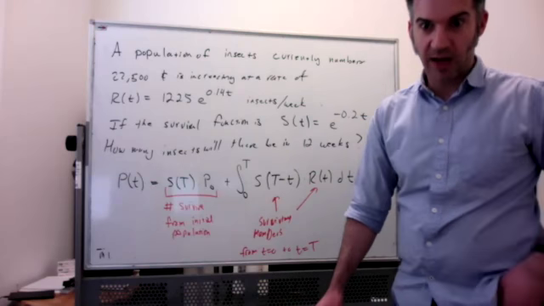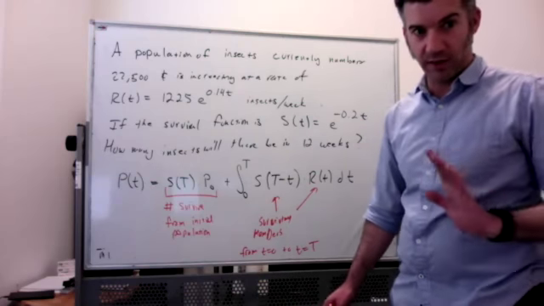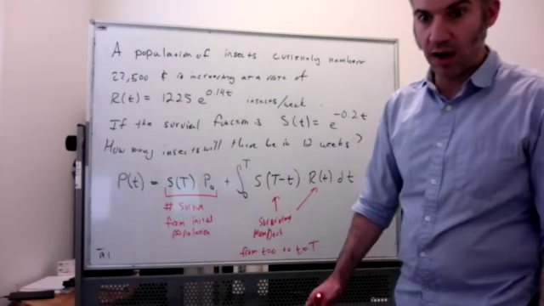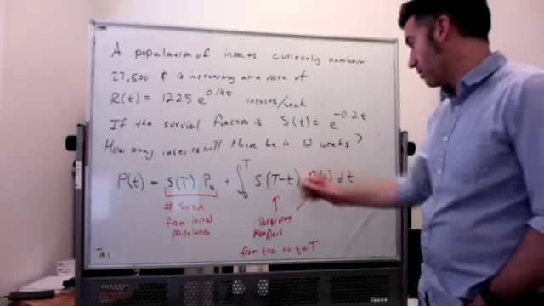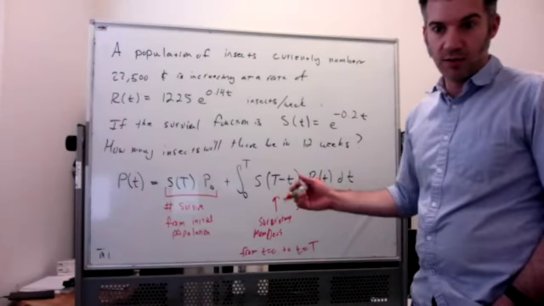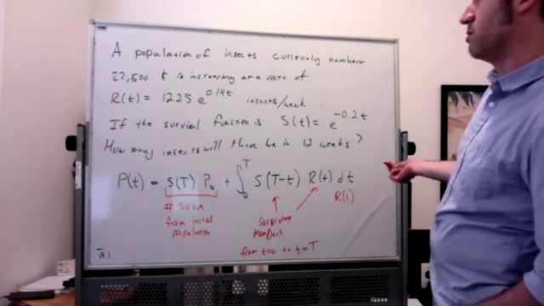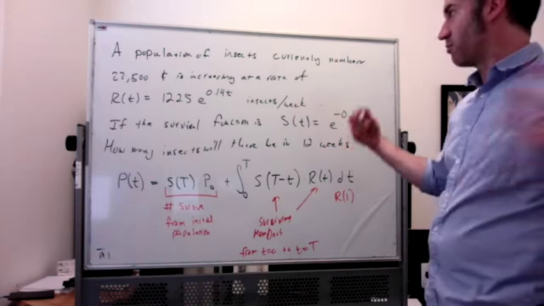I don't think we need to get too into this, but I just wanted to point out what these things are. For example, if t was 1, R of 1 would be the number of new members, because we're saying we've got that many insects growing per week.